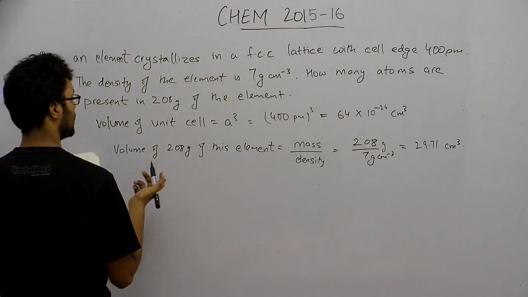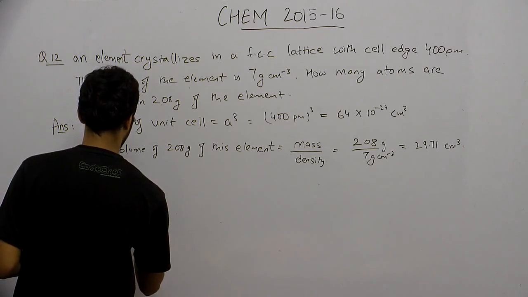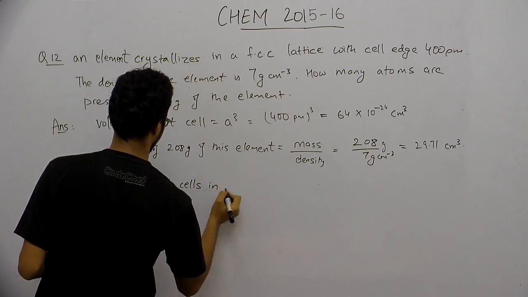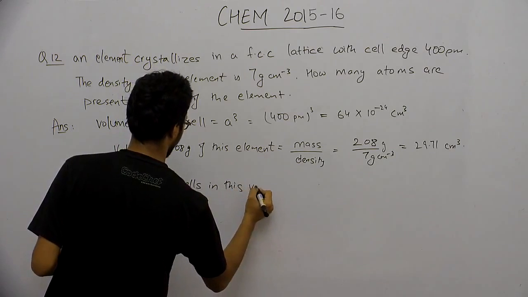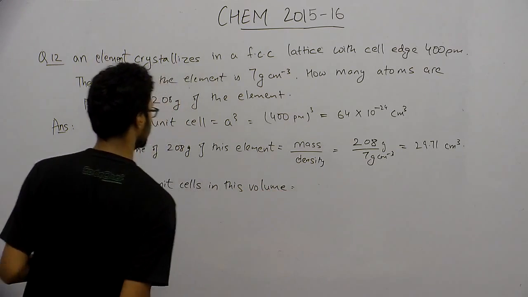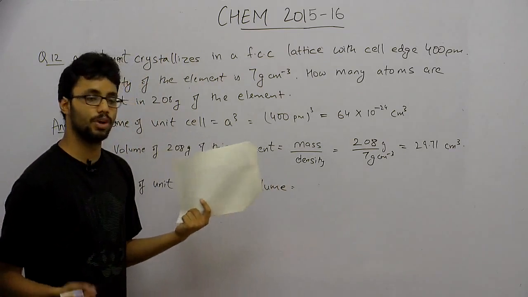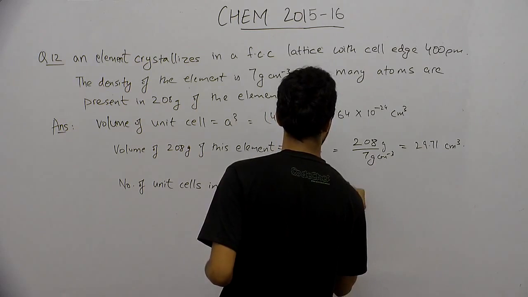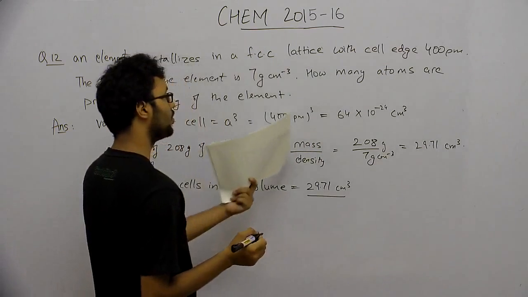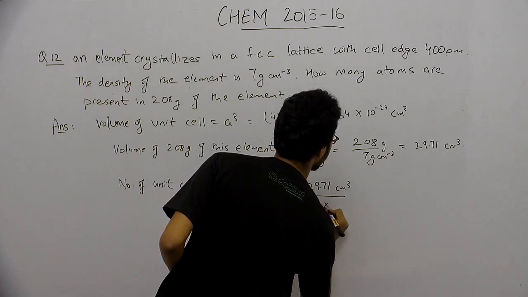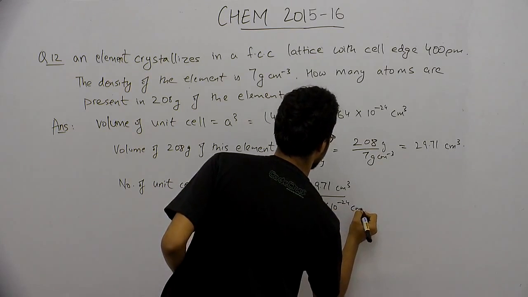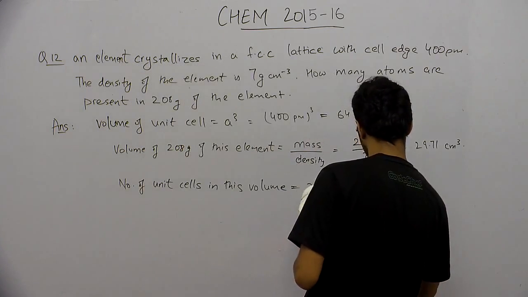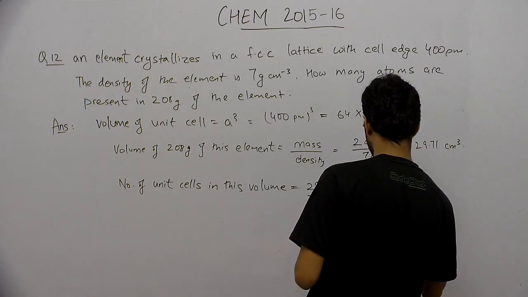That equals the volume of this divided by the volume of 1 unit cell, that is 29.71 centimeter cube over 64 into 10 raised to the power minus 24 centimeter cube. So the number of unit cells comes out to be 0.46 into 10 raised to the power 24.